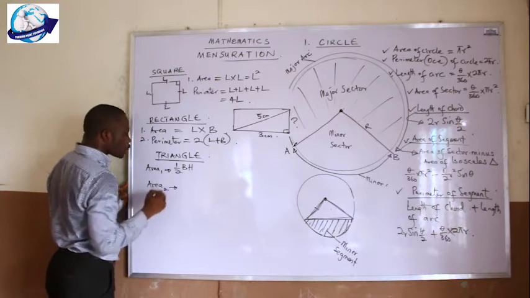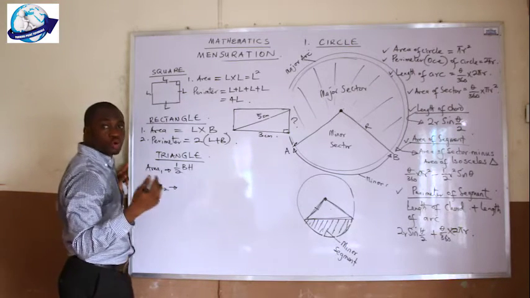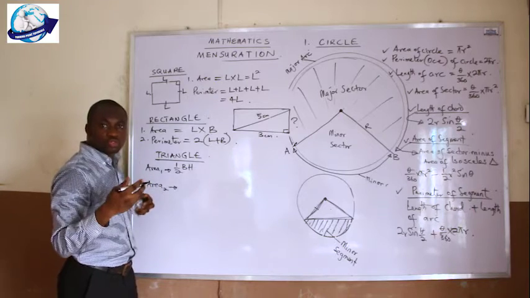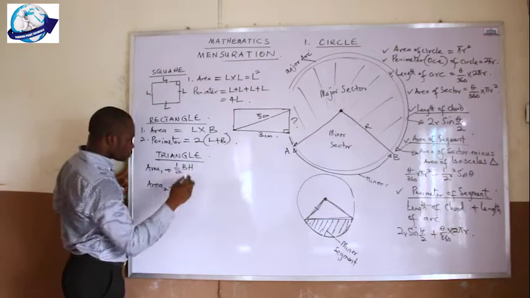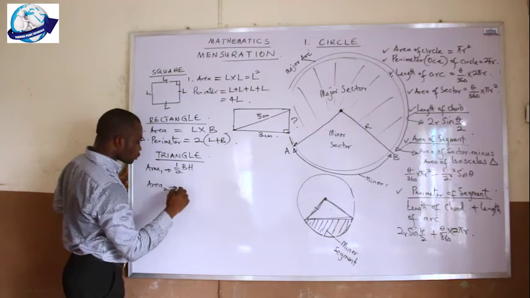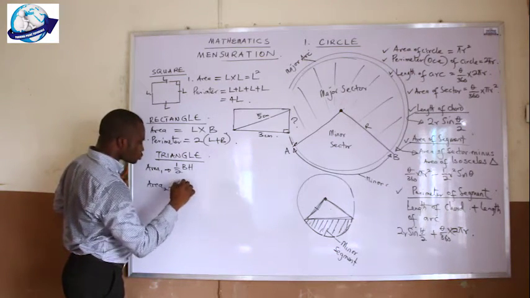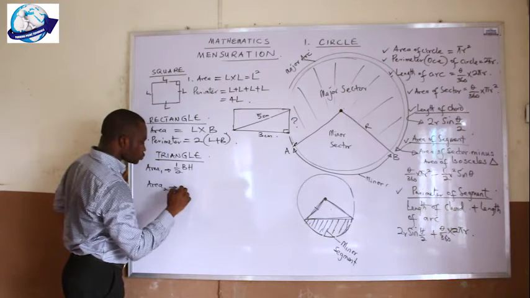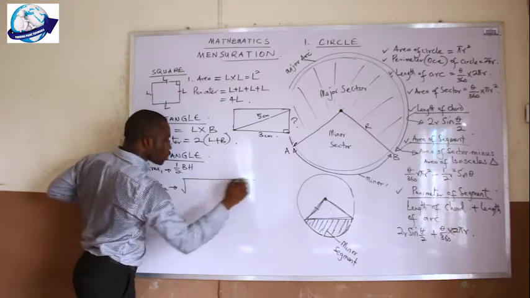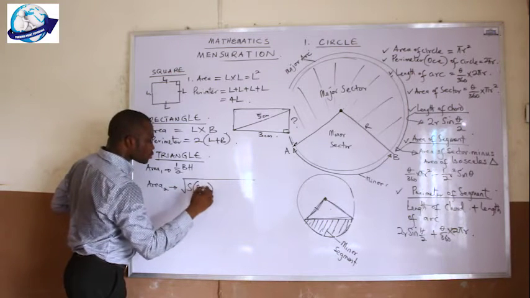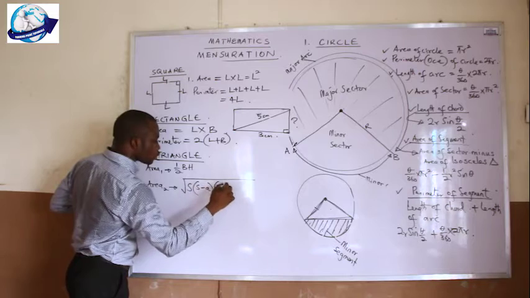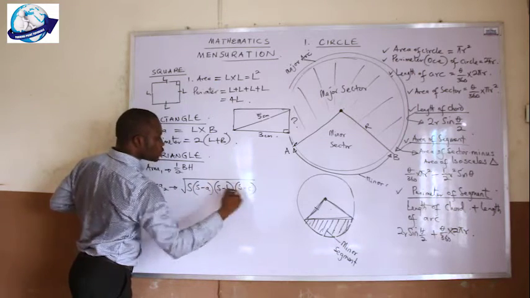You can also calculate the area of a triangle using what we call Hero's formula, which is the square root of S into brackets S minus a, S minus b, S minus c.